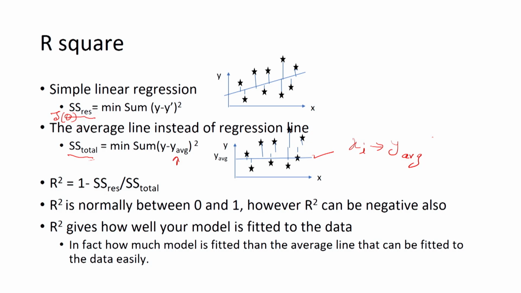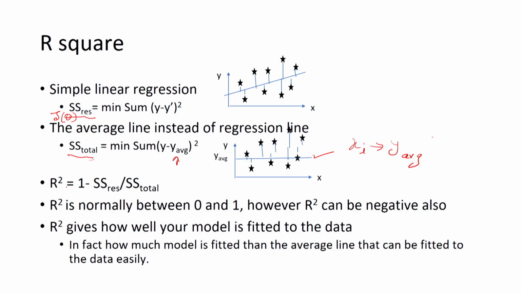In the other case, we try to minimize the sum of y minus y cap or y dash, the prediction error, using gradient descent or any other way. Then the final error is, suppose, SS residual, and in this case the final error is SS total.